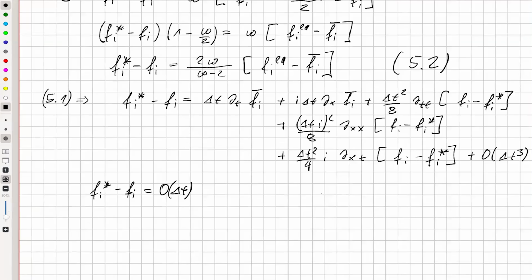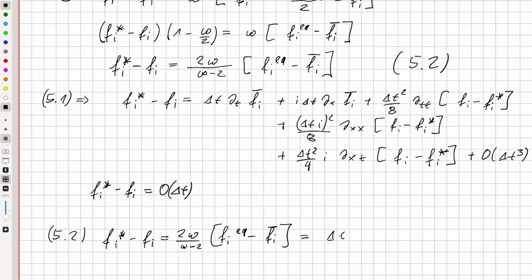So entering equation 5.2 for our collision operator, fi asterisk minus fi is 2 omega divided by 2 minus omega times fi equilibrium minus fi over bar, and what remains is delta t dt fi over bar plus dt i dx fi over bar plus whatever is left to order 3.